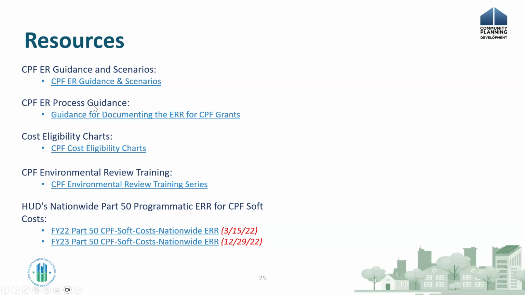There's the environmental review process guidance. This is guidance for documenting the environmental review record for CPF grants. The cost eligibility chart, which we went through in the presentation. Here's an environmental review training link, a good series on the environmental review process. And here again is the Part 50 programmatic environmental review for soft costs.